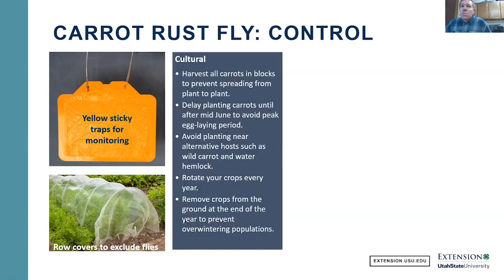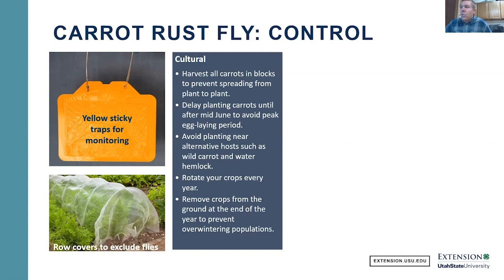Something else you can do is harvest your carrots in blocks. So instead of waiting for certain ones to get ready and picking and choosing, just take a full block and pull them all up. That way they're not going to be spreading to the other ones in the area quite as much. You can also delay the planting until later in the year so that you avoid the peak egg laying period.